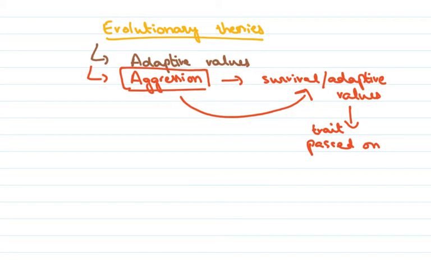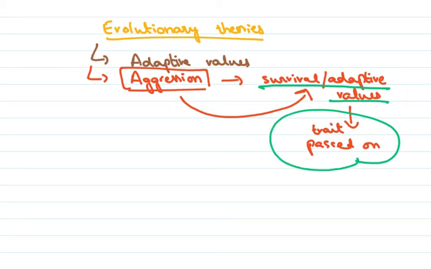This is how evolutionary theories will make sense of any behavior: they will say that it must have some kind of survival or adaptive value, and that is why it has been passed on to subsequent generations. So these are basically what evolutionary theories of motivation are.